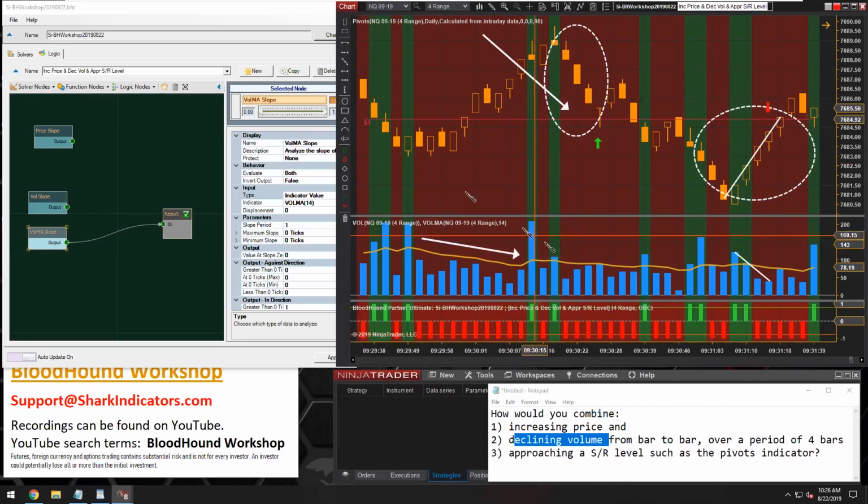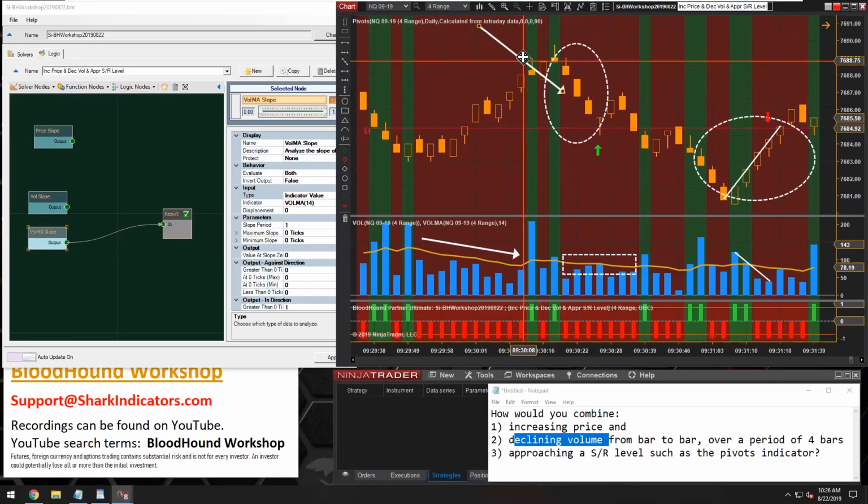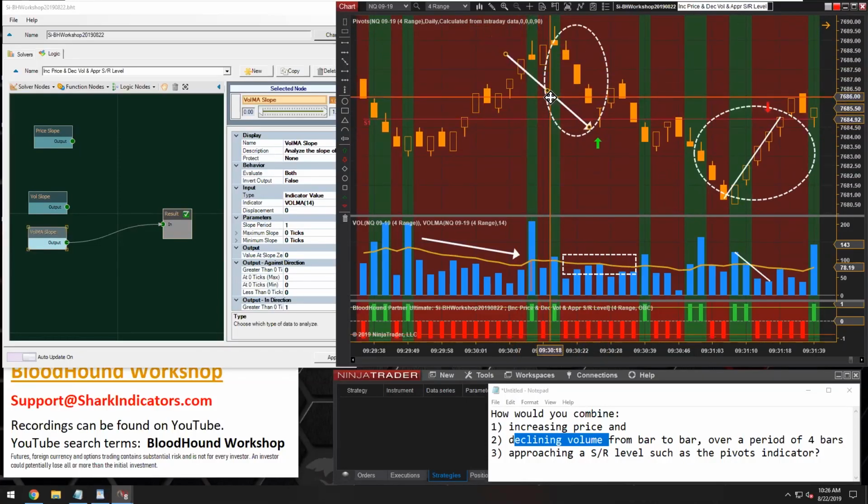So here, let me grab this, right? So if volume is declining, so if we're looking for a long signal here, where price is declining towards the support resistance line, but volume is also declining, well, we need to get a long output from the volume declining as well.